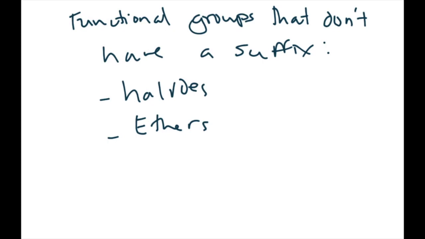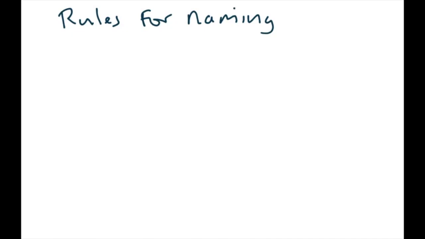So I'm going to go over a bunch of rules on how you name functional groups, and they're going to be geared to the functional groups that get suffixes on the name. So, rules for naming functional groups. And again, these are functional groups that get a suffix.